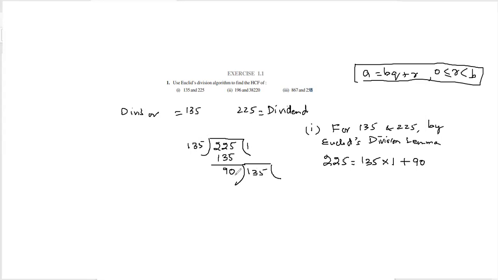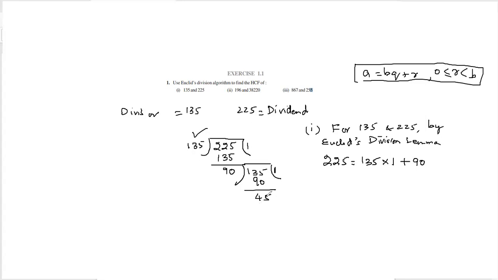Remainder will become divisor, and this number you can write it again. Like this we will go, so that we get 0 as a remainder. So 90 can go one time, two times it will be more. So 135 minus 90 is how much? 45. So now the remainder is 45.